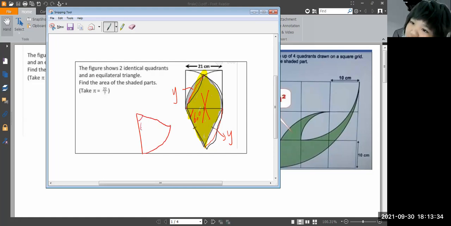So if I tell you this is 60 degree, how do you find this entire part? First, you find out this part.